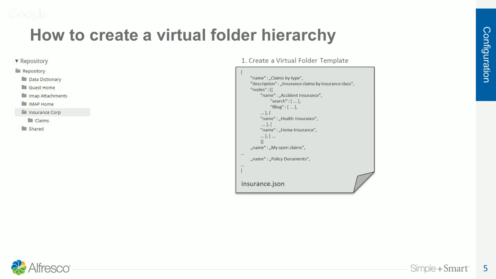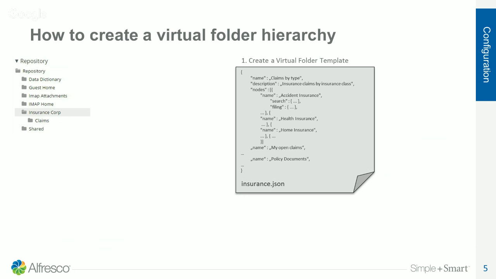And optionally, there is also a filing rule which specifies where to file documents that are added to a virtual folder in the physical repository, as well as the properties that are propagated to this new content. And naturally, you will define a name and probably a description for the node that are displayed.